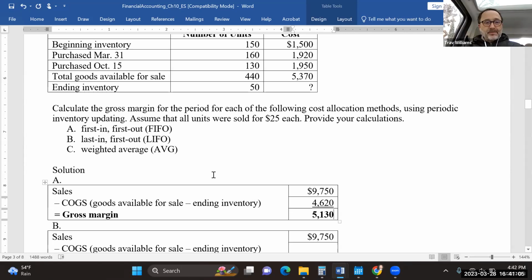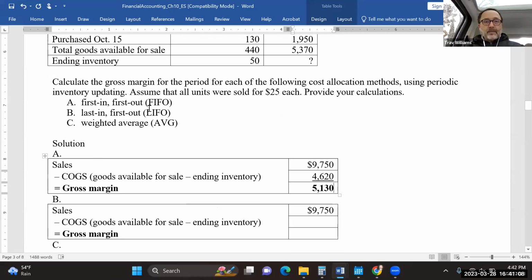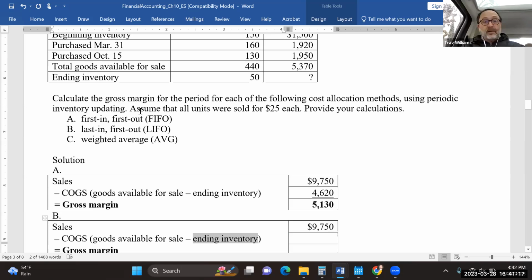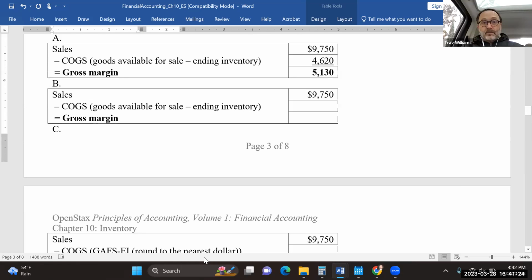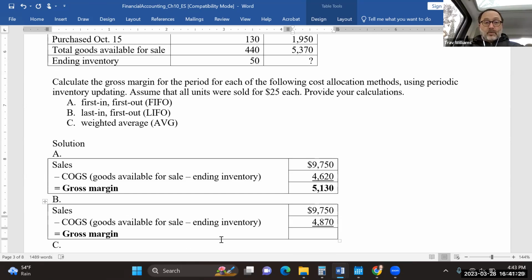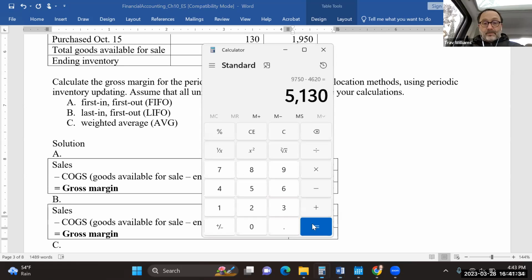So for B, we're doing the same thing. We're taking the goods available for sale minus ending inventory, which in this case was $500. So we calculated up here for LIFO. So 5,370 minus 500 is 4,870. We can subtract that from our sales revenue. And we get 4,880 as our gross margin.